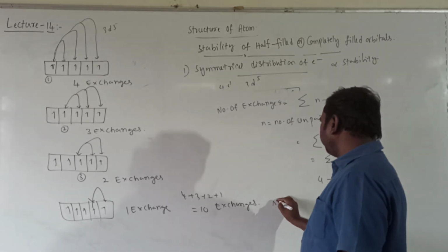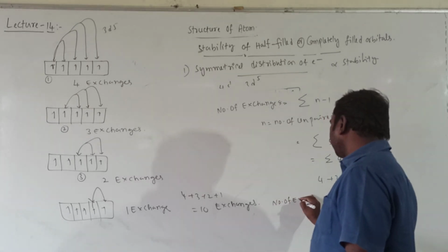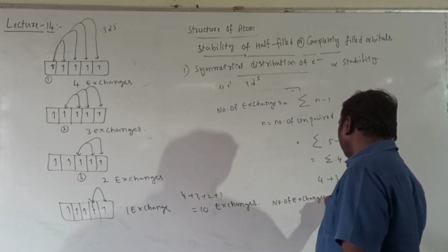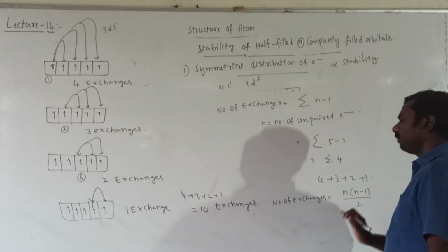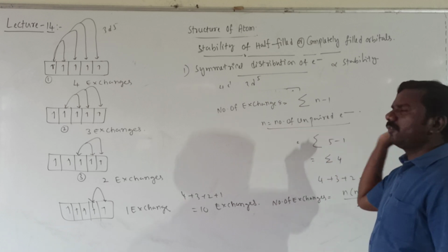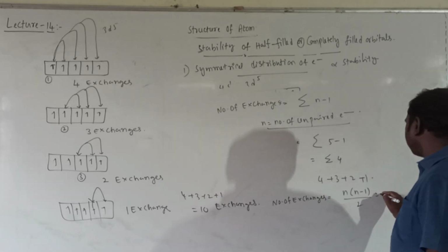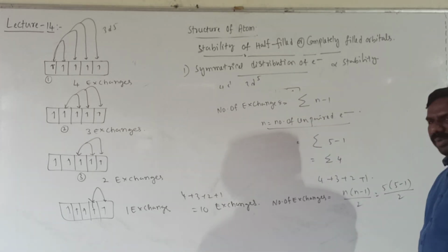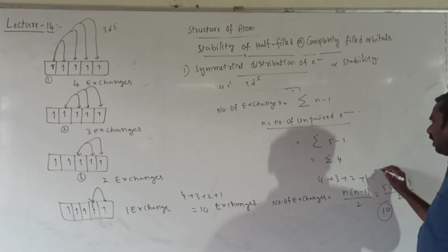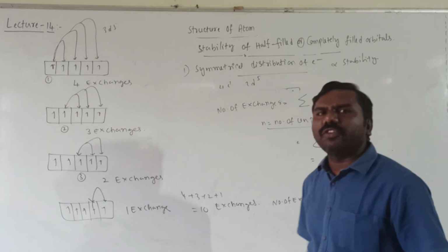Otherwise, another formula: number of exchanges equals n into n minus 1 by 2, where n is the number of unpaired electrons. So that is 5 into 5 minus 1 by 2, 5 into 4 by 2, which means 10. Here also 10. This is the simplified formula.